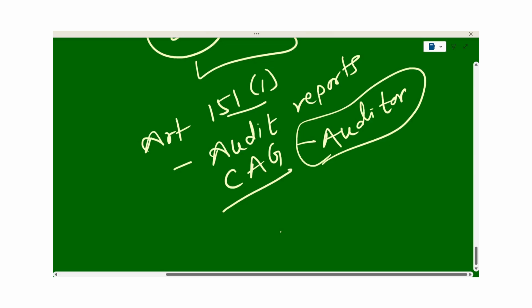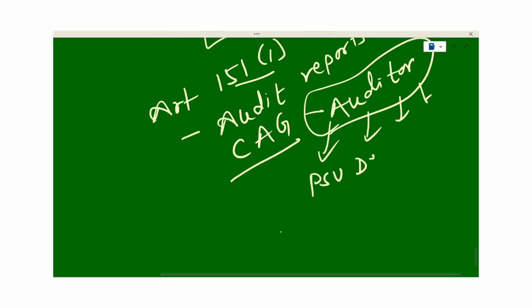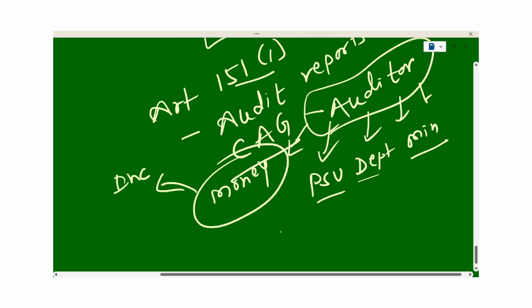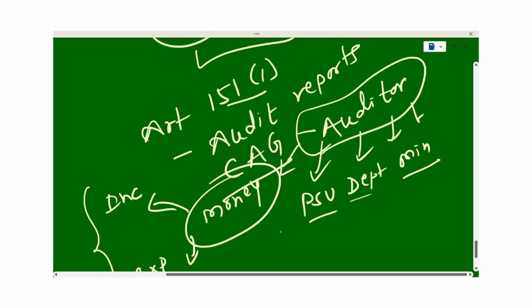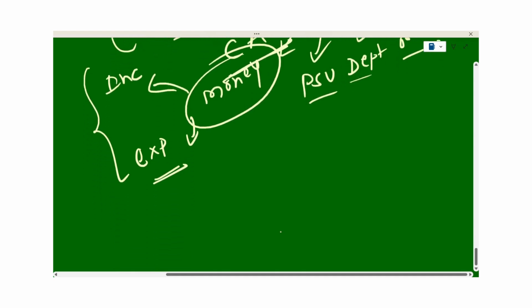All the departments, ministries, sections, and PSUs, whatever money has come to the government, its income and expenditure is looked at by the central auditor, which is known as CAG. And Rajya Sabha, by Article 151, has equal power to receive it.